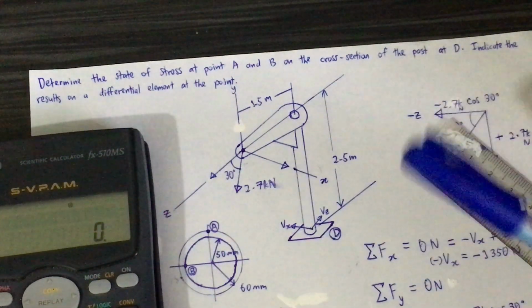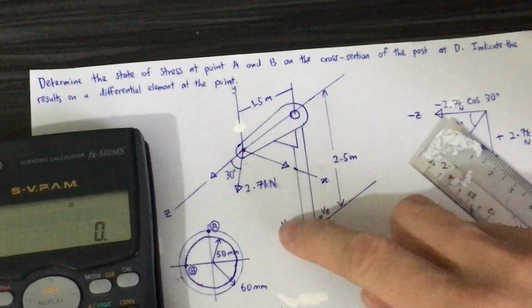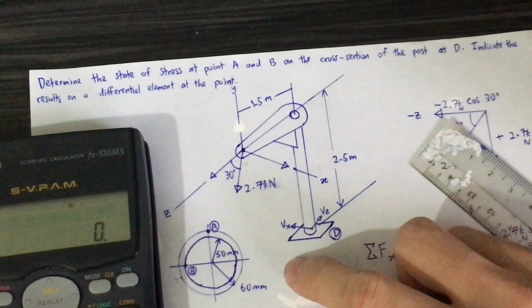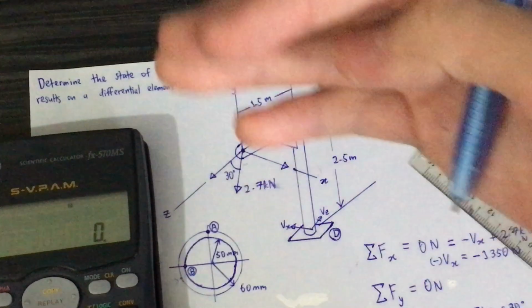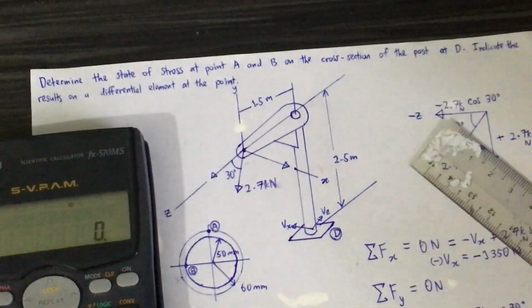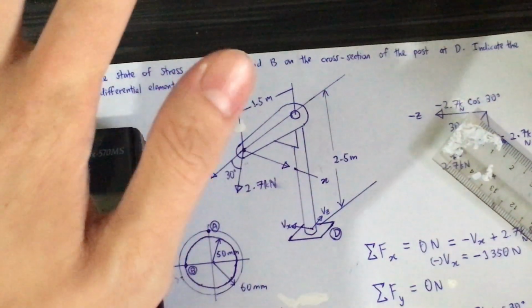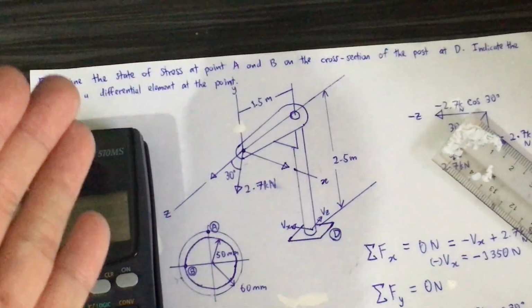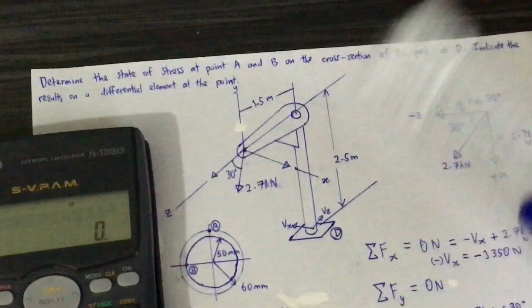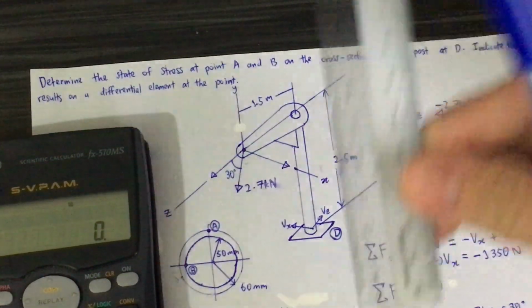In order to draw the moment reaction about the z-axis, you know your perpendicular or right angle direction, or the distance. When you talk about distance, it will be the ruler.